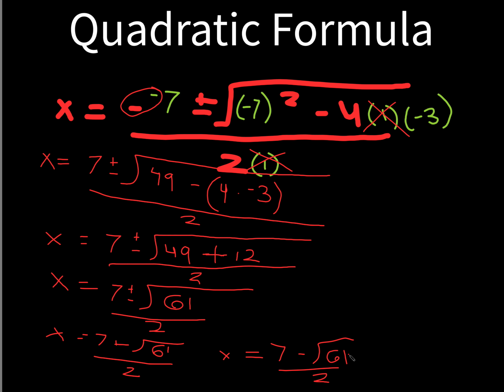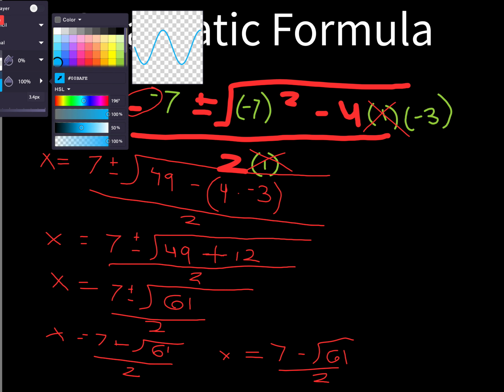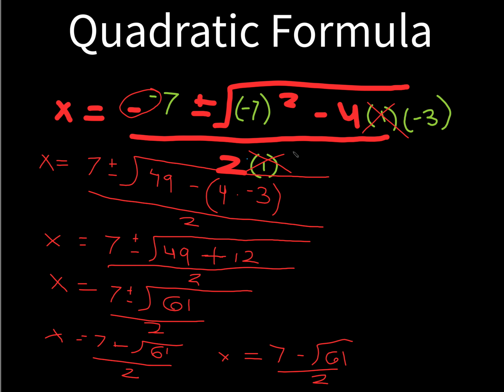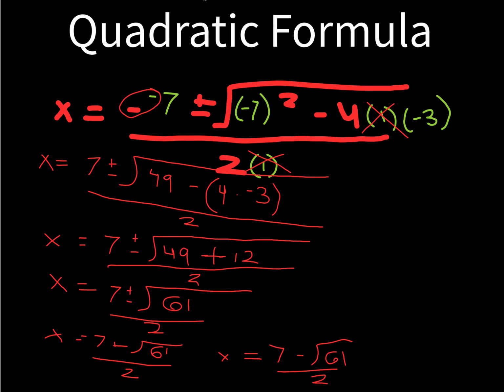So what you would do if you wanted to find an exact answer is go ahead and plug this into your calculator, and it would give you the decimals of the exact value, but we are done now with the quadratic formula. We can think back to when we just began. We used this formula and replaced the physical letters A, B, and C with our specific letters that apply to the original equation here, x squared minus 7x minus 3.